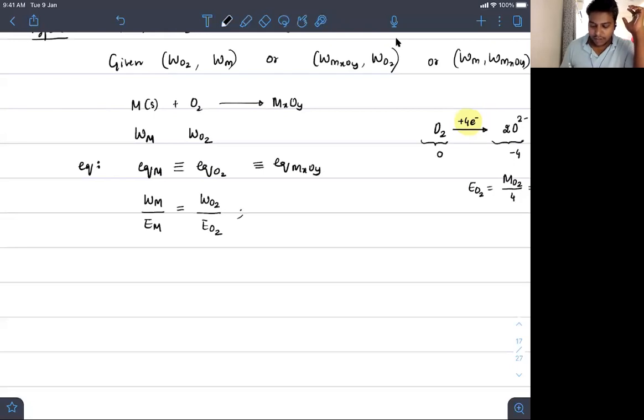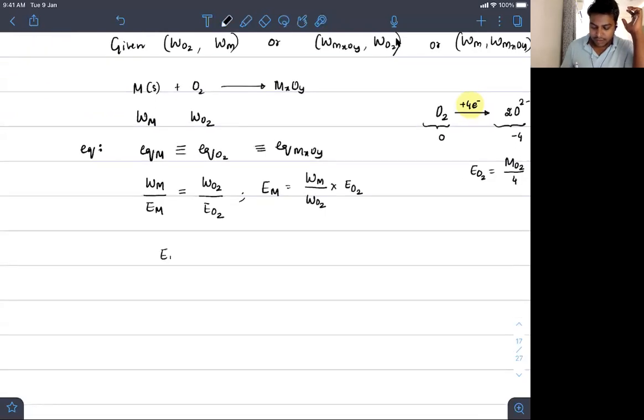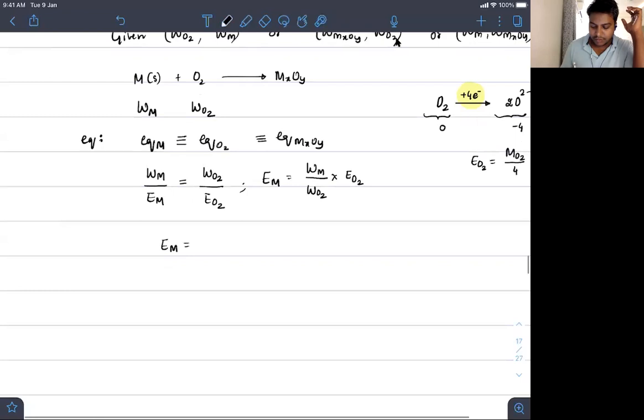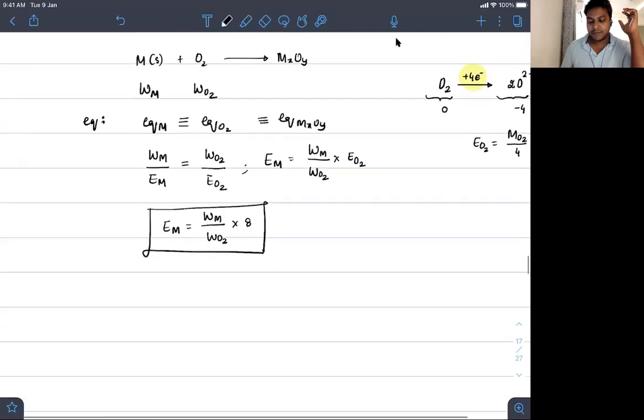And since we always know the equivalent weight of oxygen, from here I can write equivalent weight of metal is equal to weight of metal by weight of oxygen into equivalent weight of oxygen, which is 8.